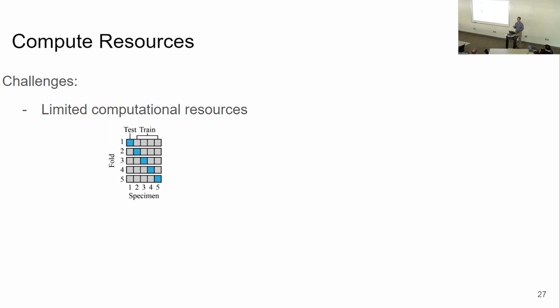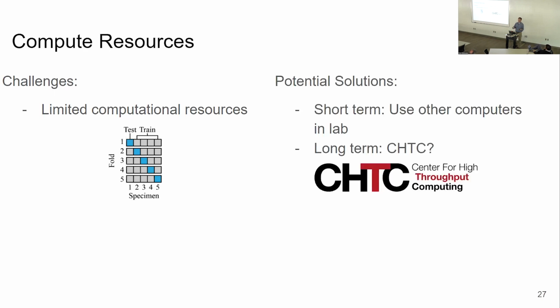My method to speed that up was to use other computers on my lab floor in Wimmer to run more models. That was the short-term solution. Those computers are actually gone now because someone's moving into that space, so I can't do that anymore. The long-term potential solution is to work with CHKC to set up running more through the high-throughput grid.